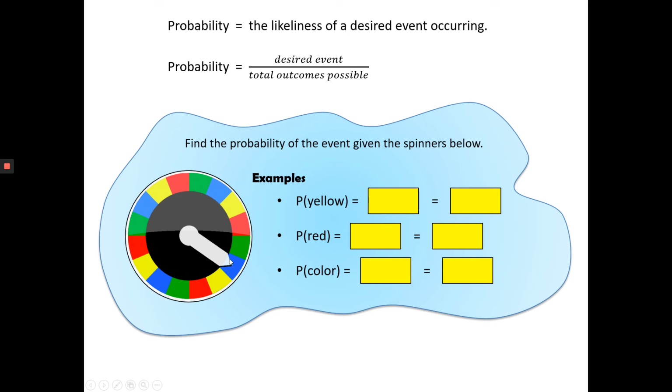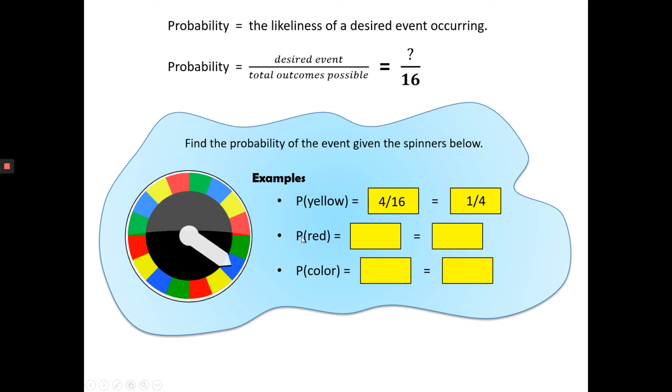If you count all of these up, the total outcomes possible is now 16. So what's the probability of it landing on a yellow? Well, there's 1, 2, 3, 4, so it's 4 yellows out of the total 16. Because it has an equal and another little box here, that means it's going to be able to be simplified. If we divide both of those by 4, it'll be 1/4.